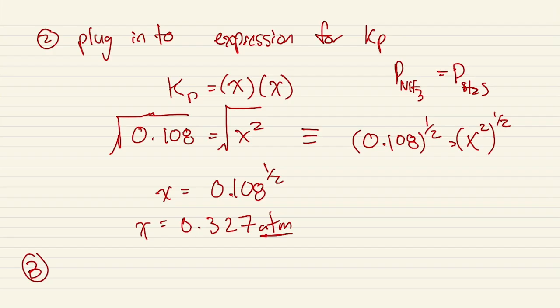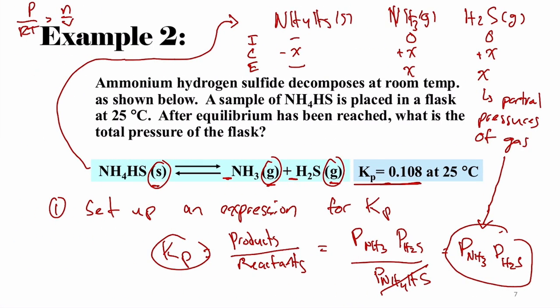And then the question asks us, what's the question actually asking us? What does the question want us to solve for? We want to find the total pressure of the flask. And how do we get the total pressure once we have X? Yeah, we add the partial pressures, right? We know these two pressures are equal to each other, so we just add them together.